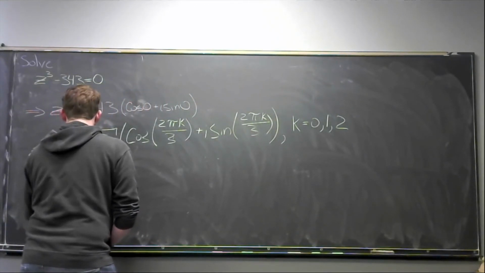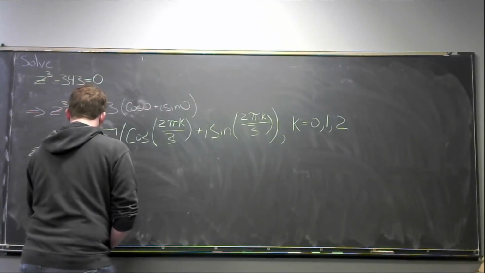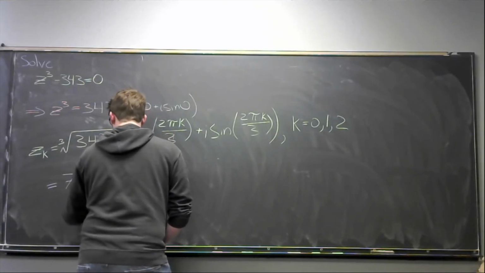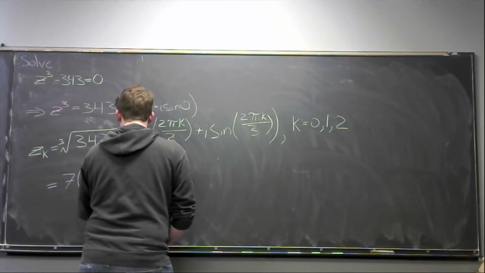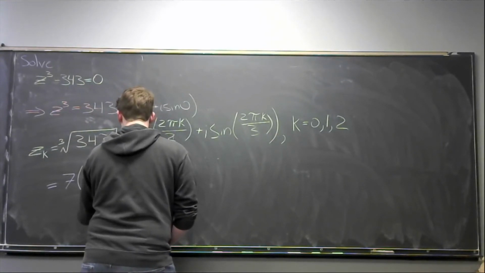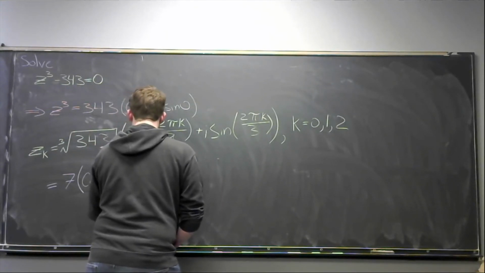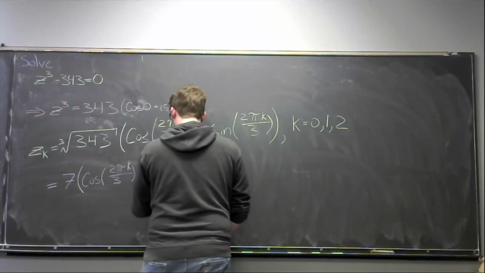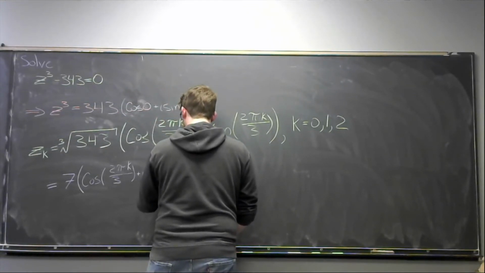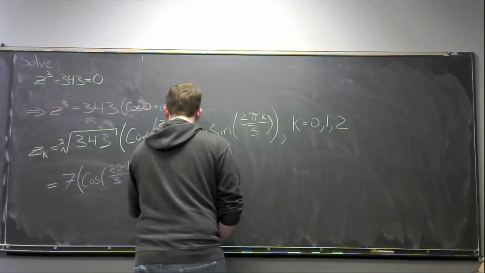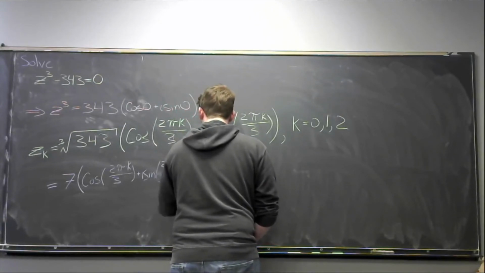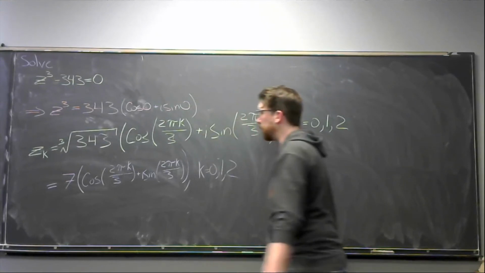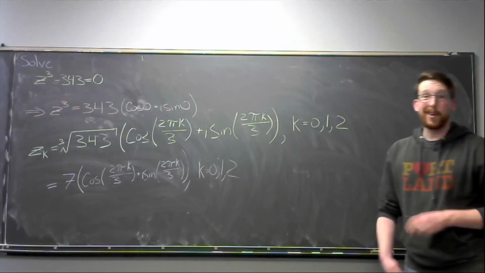We can make it 7 times the cosine of 2 pi k over 3 plus i sine of 2 pi k over 3, k is equal to 0, 1, and 2. And that's all it is to this problem.